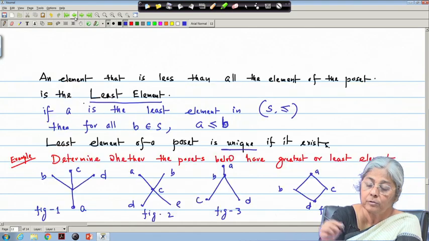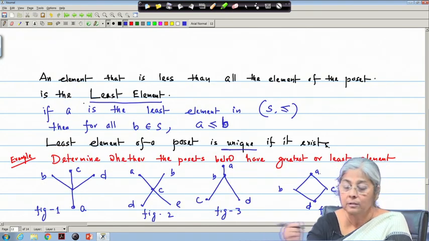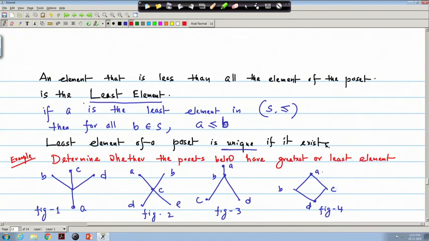We see figure 4. Figure 4 has a greatest element as well as a least element. Here it is.